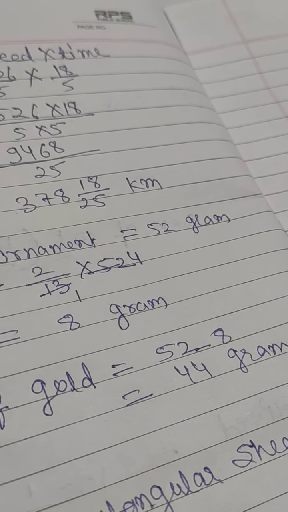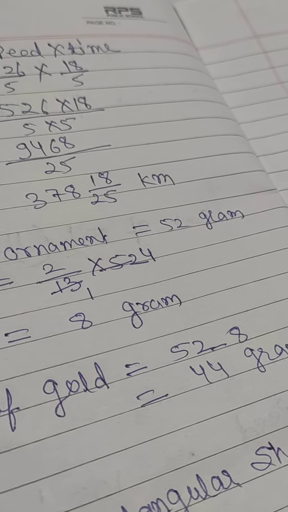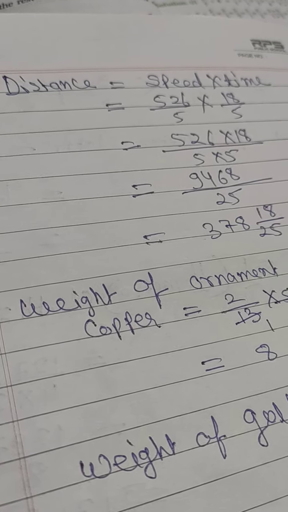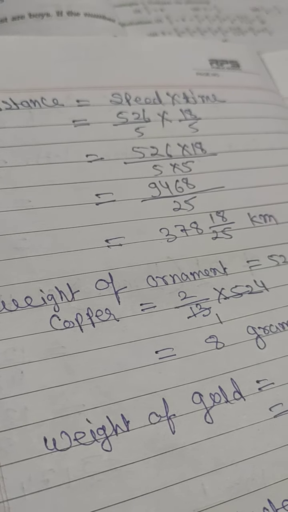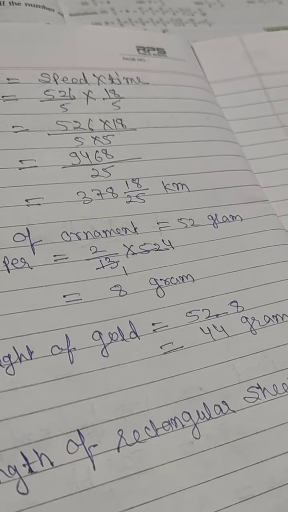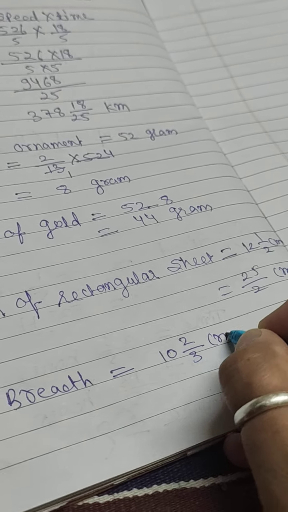So 12 into 2 is 24 plus 1, 25/2 centimeter, and breadth of rectangular sheet given 10 and 2/3 centimeter.